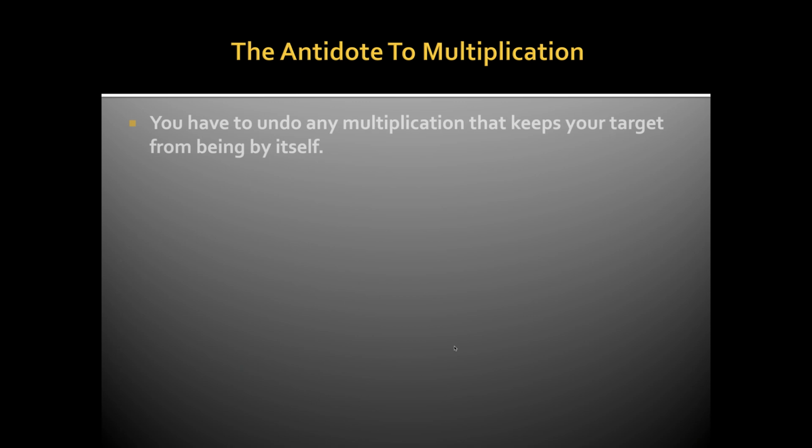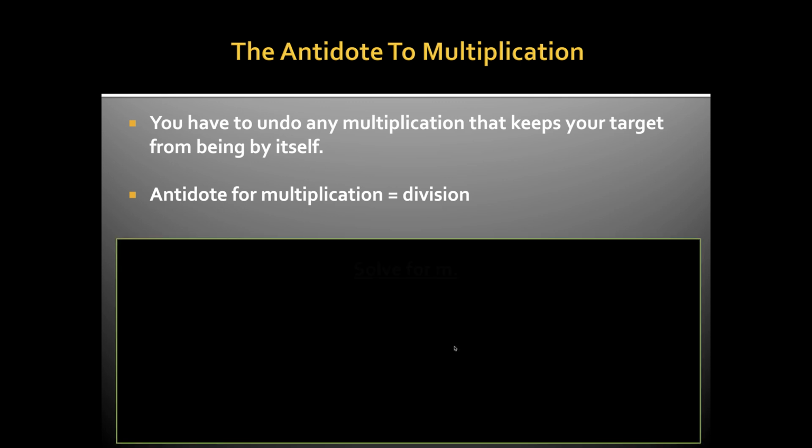Okay, multiplication and division. So if you want to have multiplication undone, then just divide both sides by whatever is being multiplied. And so, for example, if we have this equation here, which you'll be doing in the next unit, Q equals MC delta T, what we want to do is isolate M. So we're trying to get M by itself.